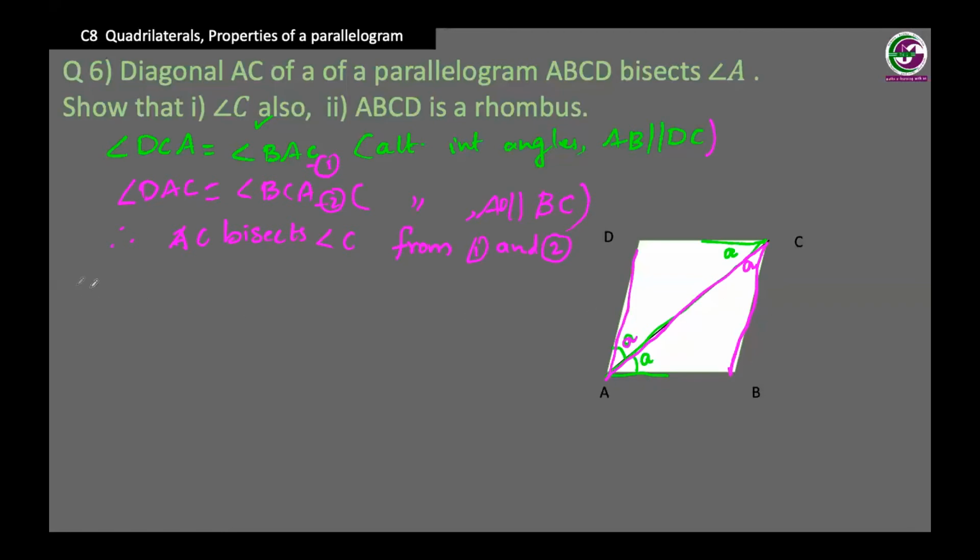In triangle ABC, we can see that two base angles are equal. Can you guess what the property is if the base angles are equal? Amazing. If the base angles are equal, then the opposite sides are equal by the isosceles property. Side AB is equal to side BC because angle BAC is equal to angle BCA. We apply the isosceles triangle property.